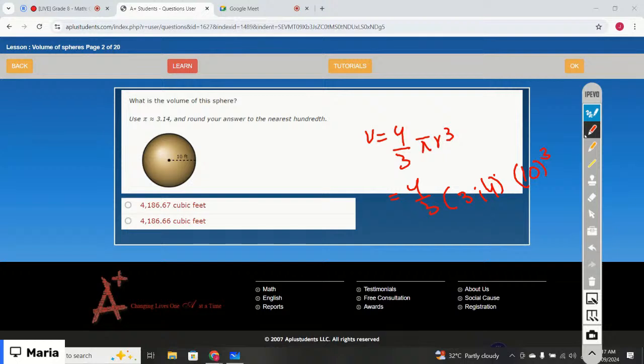The correct option is option number 1, that is 4186.67.